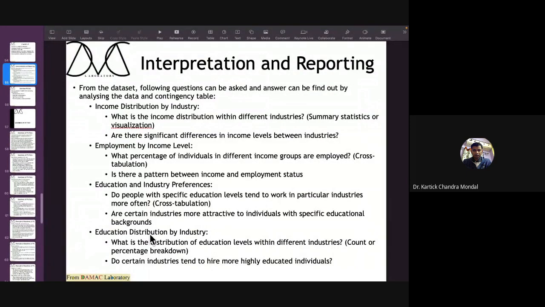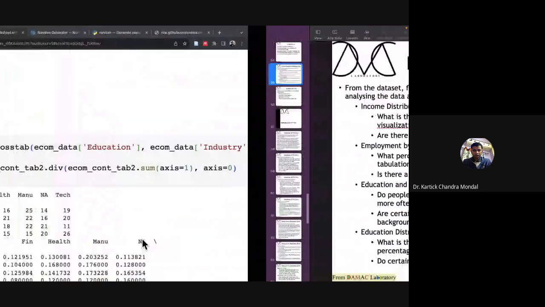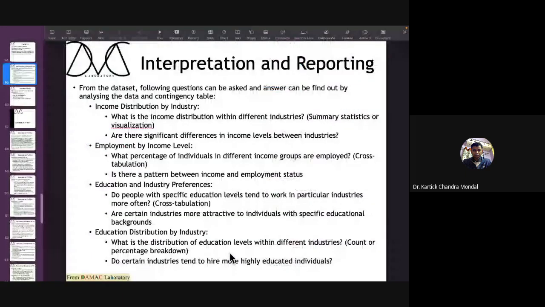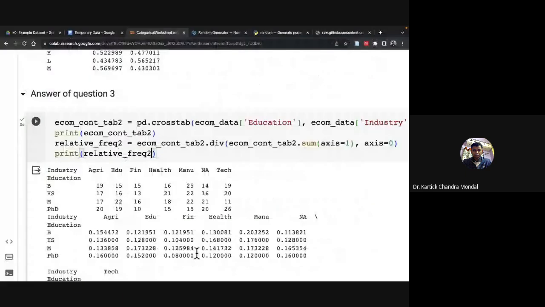So, education distribution by industry. Now, the distribution of education as per the industry. Let's see what the distribution of education level within the different industries is. For this, what you have to do? Again, you have to count. So let's do the group by count percentage breakdown.